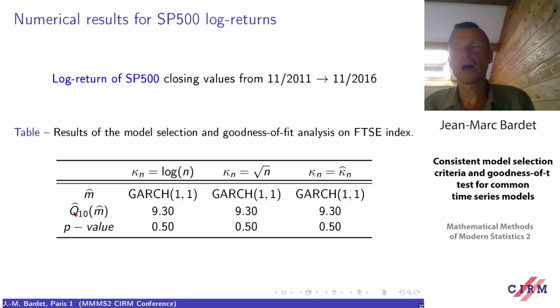And if we use our goodness of fit test, it accepts this model with a p-value equal to 0.5. So finally, it is what is commonly accepted. GARCH 1-1 is a good model for the log returns of most common stock prices. Here, sorry, I do not know what this FTSE is. Normally, it is stock prices.